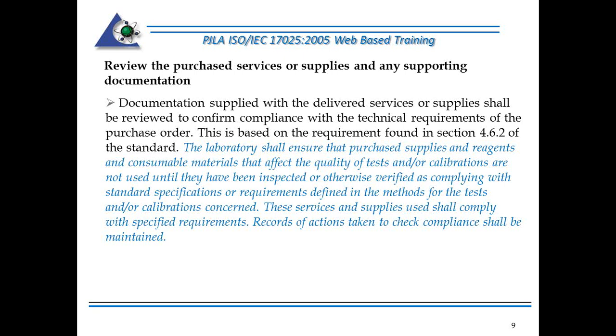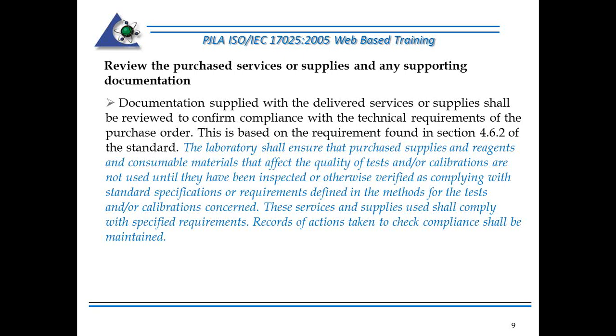So if you're doing tests or calibrations on materials that are consumable by nature, chemical reagents, or just purchased supplies of some particular type, this is not a service, this is a supply of some type. So what it says in this sentence applies only to those kinds of purchased items, not purchased services, although purchased services are addressed here very shortly.